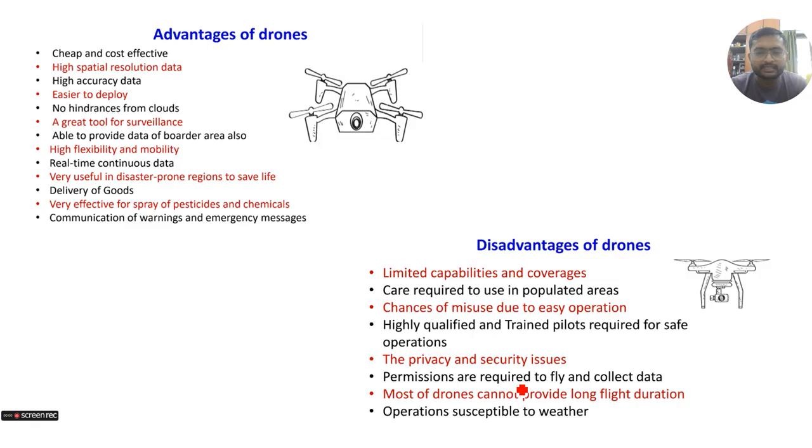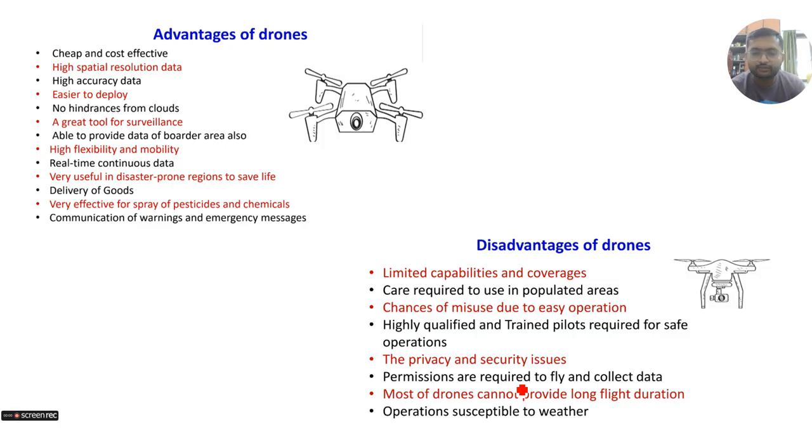And the disadvantage is that capabilities are less because payload is limited. If we cannot put so much on a drone, coverage is also less. So if we want to cover a large area, it will take more time compared to other satellite or airborne devices such as helicopters, airborne sensors or satellite sensors.